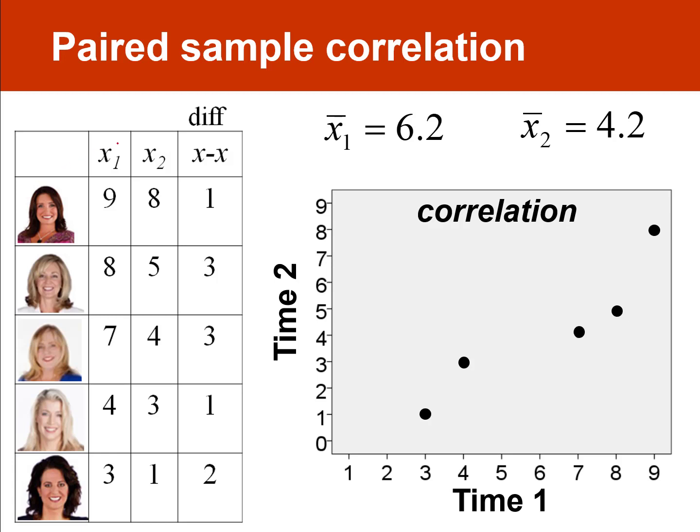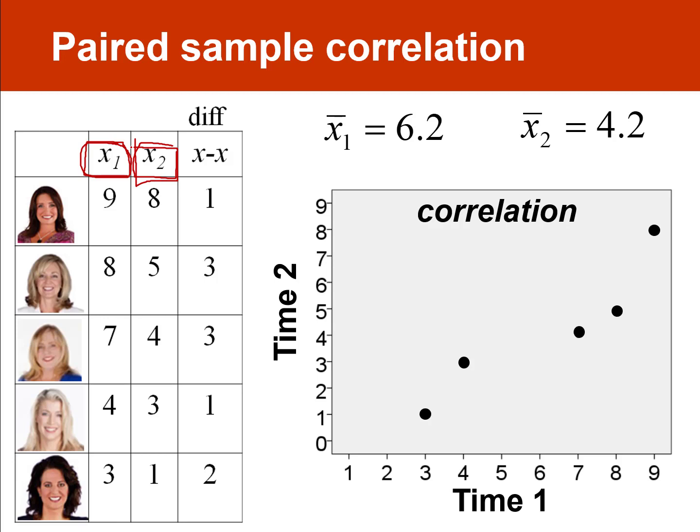Every case needs a score on x1, and every case needs a score on x2. So we've got 2 scores from every case on the same x variable. So if I'm looking at this sample of women and I'm assessing the extent to which their self-doubt changed over time, I have their scores on self-doubt at time 1, and I have their scores on self-doubt at time 2.